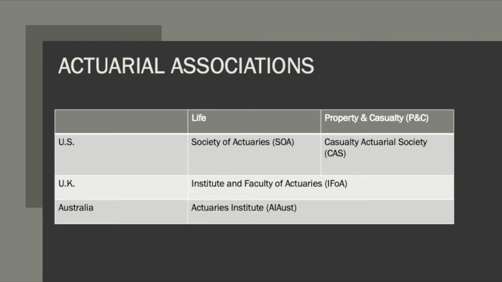Their exams are all named CM, CS, or CB something, which is quite different from the US ones. I mean, at least the naming conventions, but the overall contents should be close. I've left some links to the web pages that talk about the exams you need to take under each of these associations. You can find them in the description box down below.